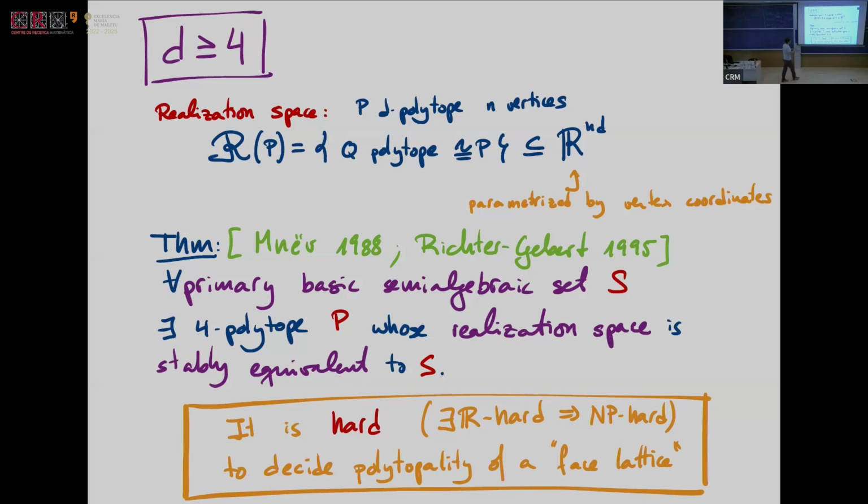It's at least NP-hard. It's actually existential-R complete, which is equivalent to being able to solve systems of polynomial inequalities. So we will not be able to decide whether a face lattice is the face lattice of a polytope or not. So there's no hope for combinatorial enumeration.